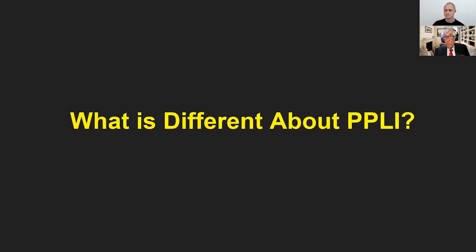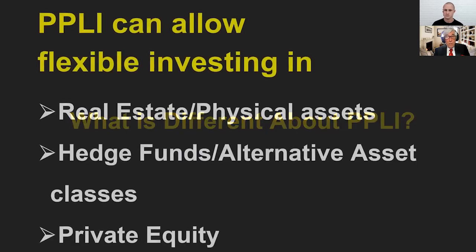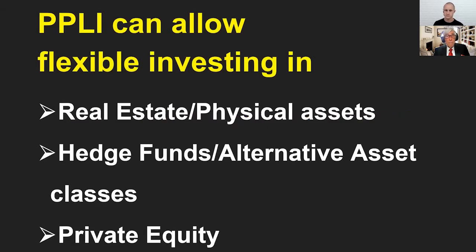So why would you want PPLI? What's different about PPLI? Well, it's basically the assets. In a whole life or universal life policy, you get a fixed interest rate or generally a selection of mutual funds.